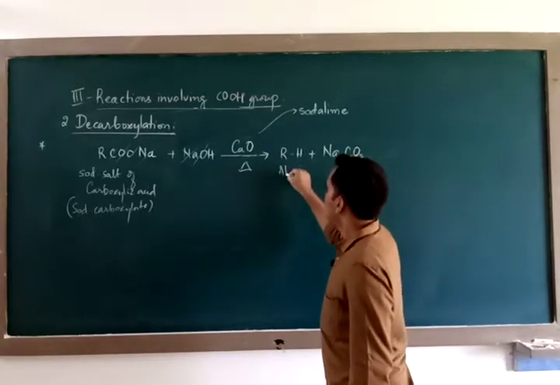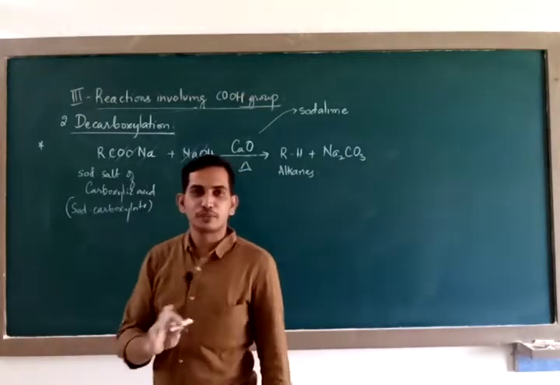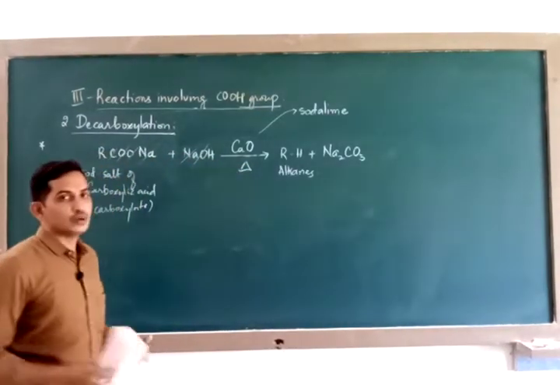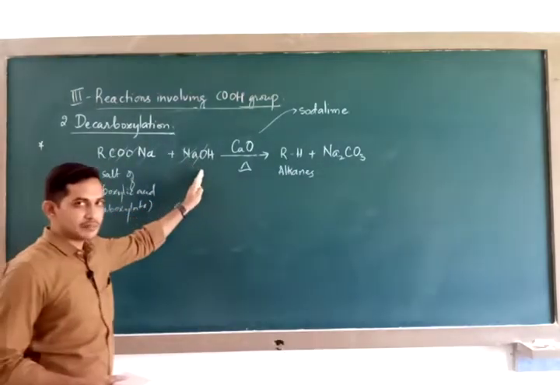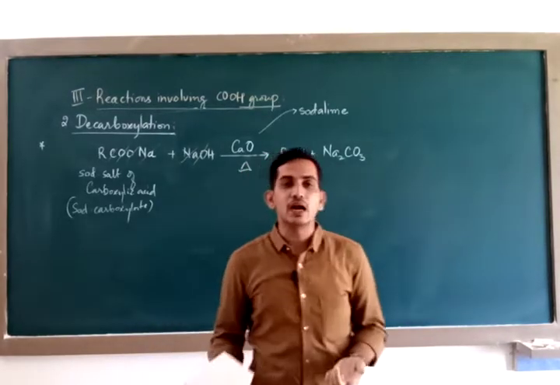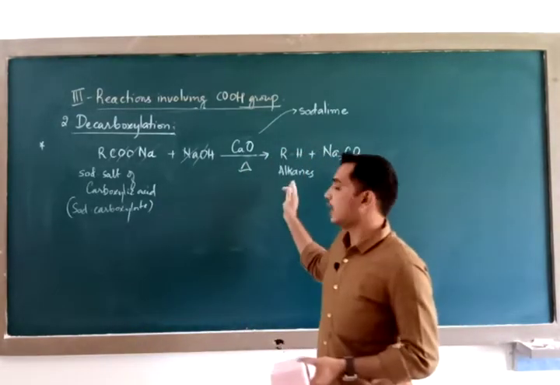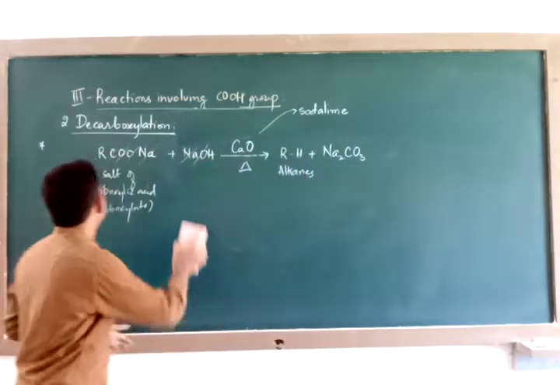You will get alkanes as the product. Calcium oxide will not participate in the reaction. How do you write the statement? When sodium salts of carboxylic acids are heated with soda lime, that is a mixture of sodium hydroxide and calcium oxide, decarboxylation takes place to give you alkanes.